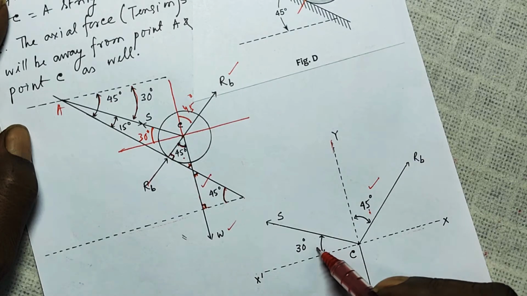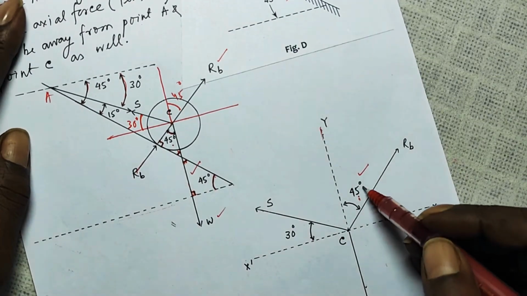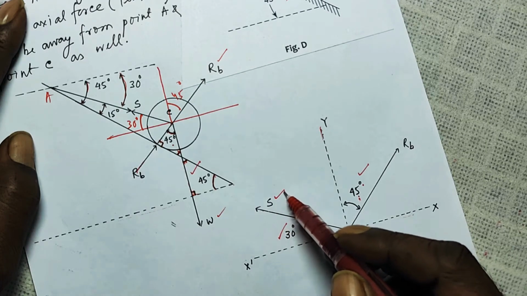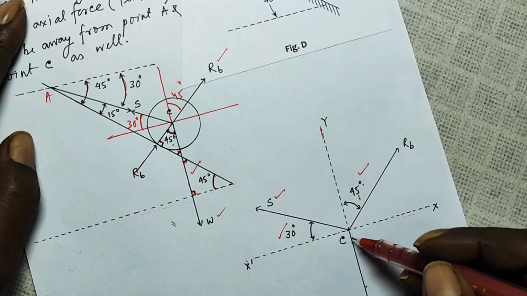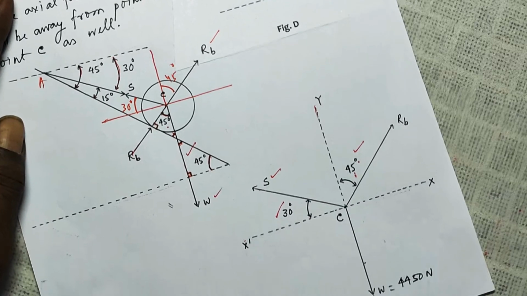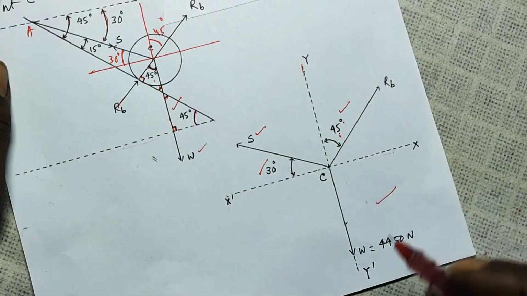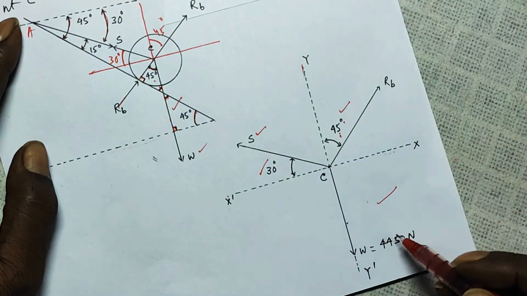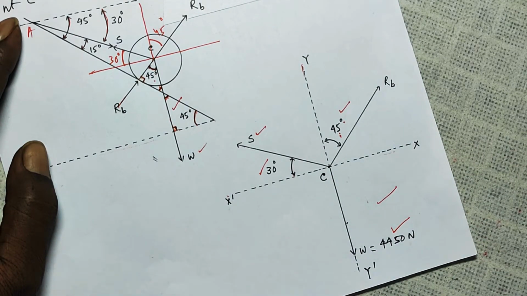So that is what I have shown here. So now we know this angle is 45, this angle is 30, that tension force S makes 30 degrees with the x-axis and the weight is vertically downward. Now then it is very simple. So since this weight is along the y-axis, this does not have an x component.